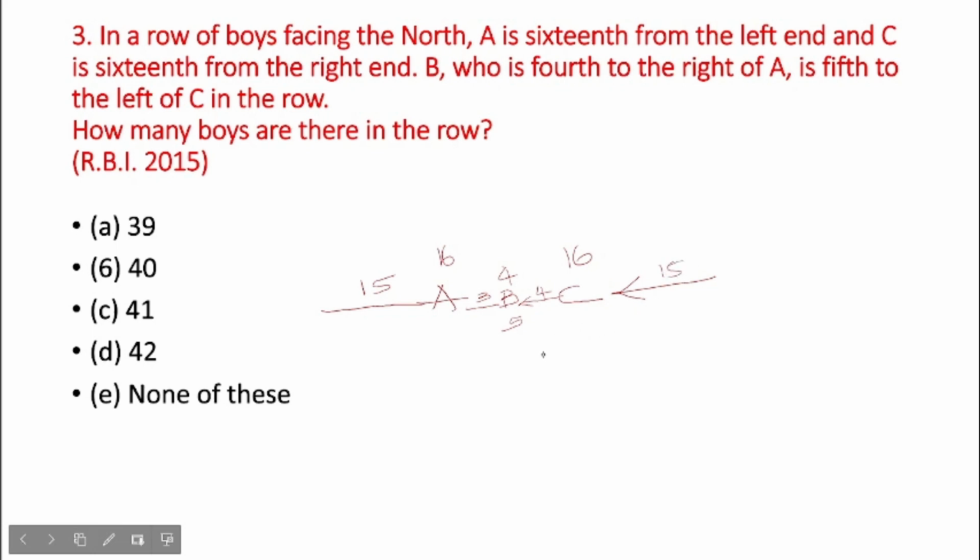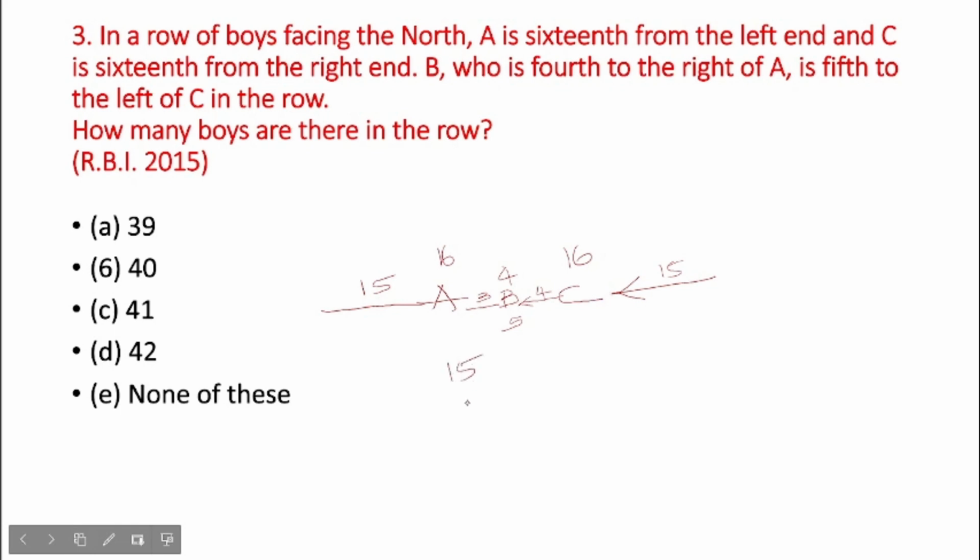This will give us the total number easily. We can do it both ways. Let's see. The first one is, we can take these values like 15, 3, B, C, 4, 15.